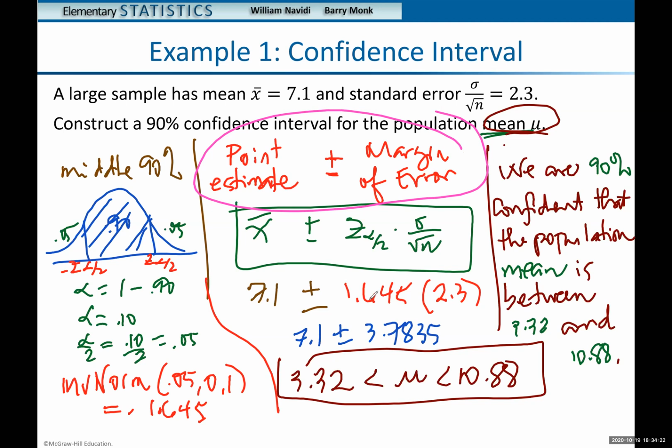So yes, you can just use the positive 1.645 because we already have plus or minus. Alpha is the rejection regions outside of the 90%. When you subtract from 100%, the 10% is these two pink shaded regions, and that is your alpha.